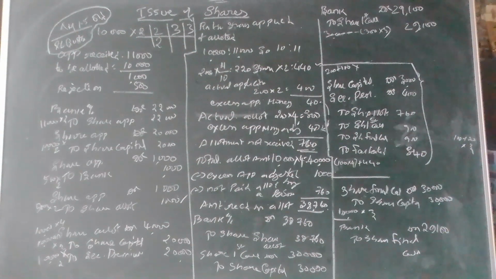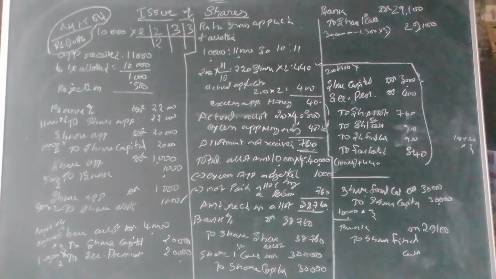That is the concept. So what is the actual allotment amount? 200 at the rate of 4 rupees, that is allotment rate plus premium, so 800. Out of that 800, the excess money already collected against application is 40 rupees. So the balance to be collected for the allotment is 760, but it is not actually collected.